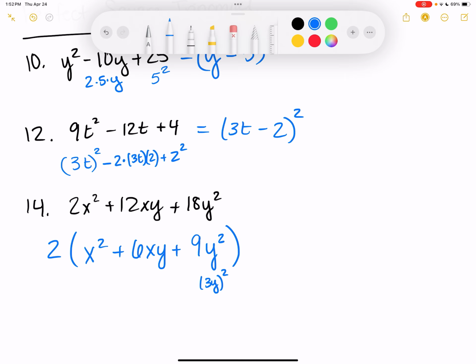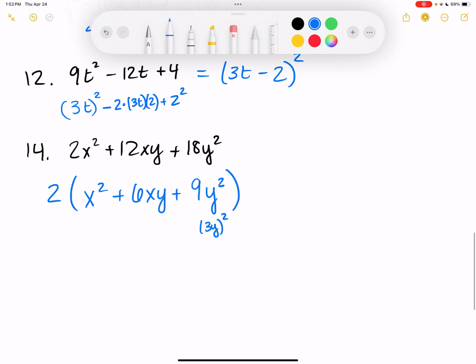Don't forget the 2 that we factored out. It's got to go down with it. So this is going to be 2 times x, sign of the middle, plus 3y, and then all of that squared, the stuff in parentheses squared. So sometimes we have to factor something out first.